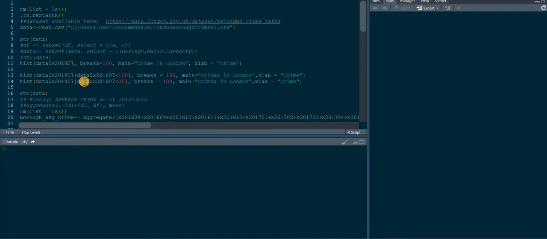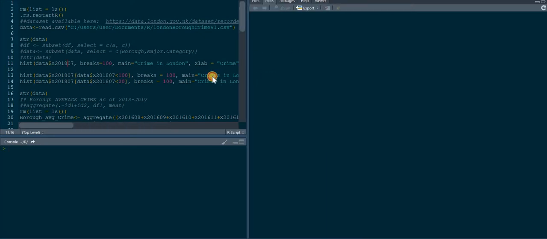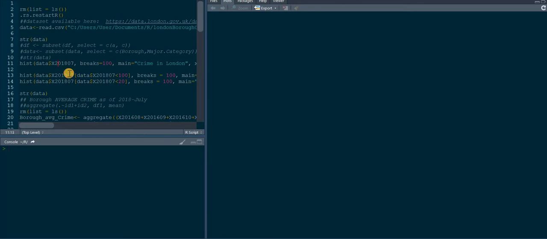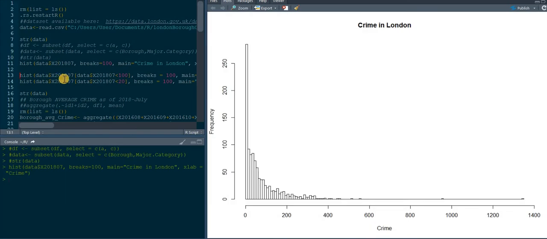So let's quickly draw a histogram on July 2018 and see how it pans out. You can see there's a peak on one, and this decreases as the crime count increases.